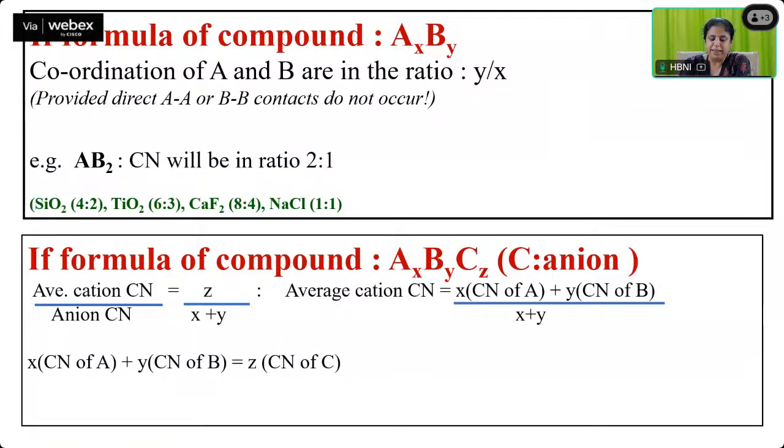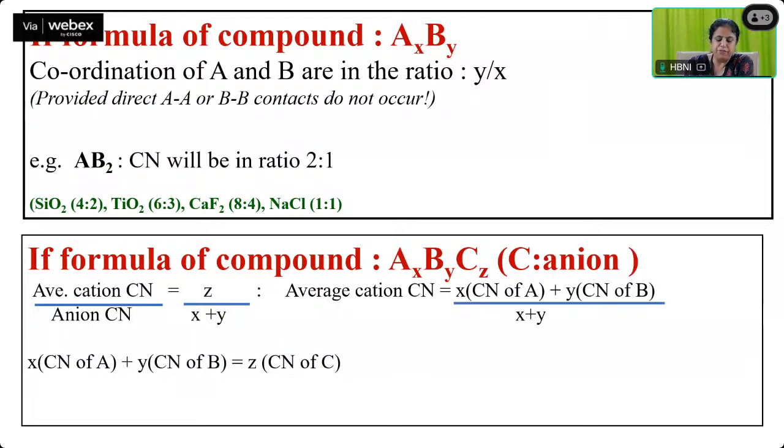So what is the average cation coordination number? It is the stoichiometry of A cation times the coordination number of A, plus the stoichiometry of B cation times the coordination number of B, divided by their total stoichiometry.